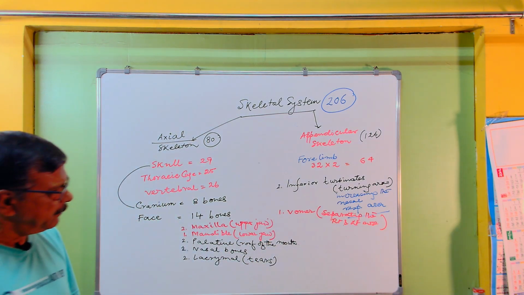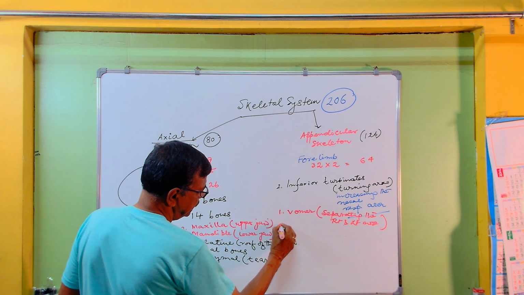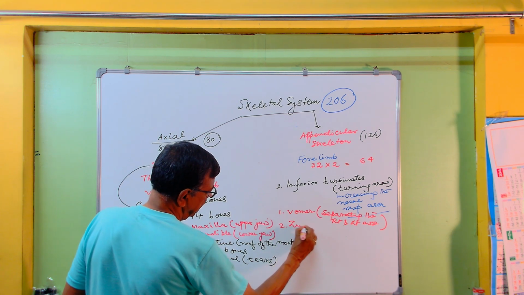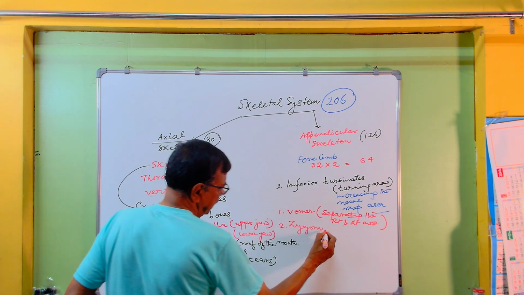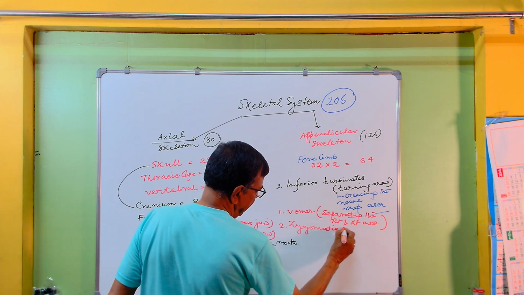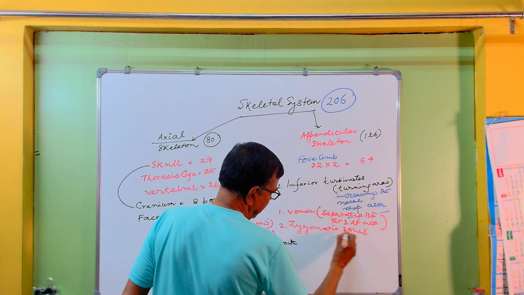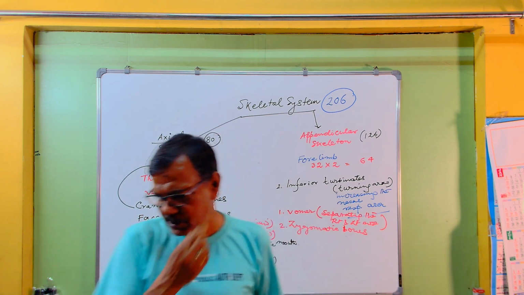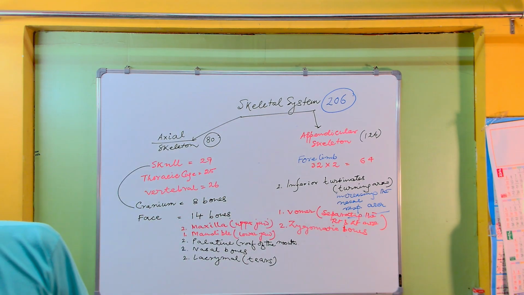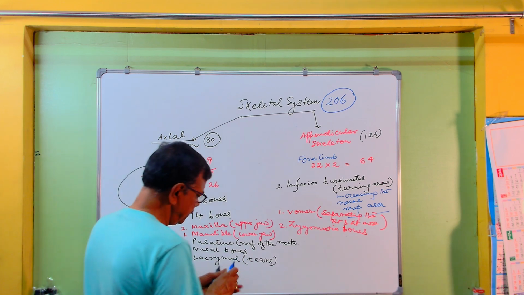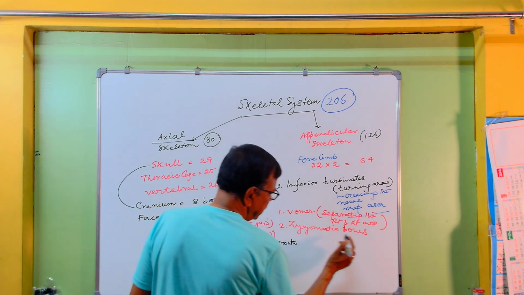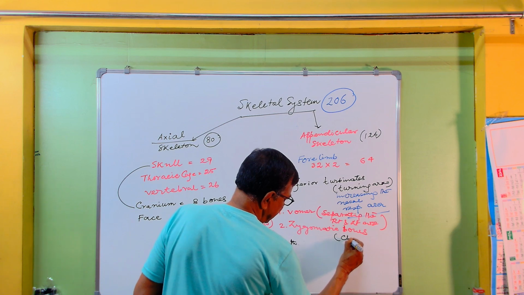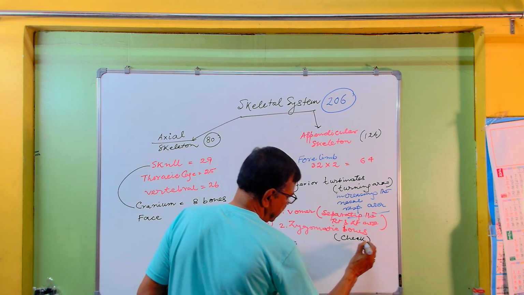Then two zygomatic bones. Zygomatic means forming the cheek. Zygomatic forms the prominence of the cheek. So we should write zygomatic bones, cheek.